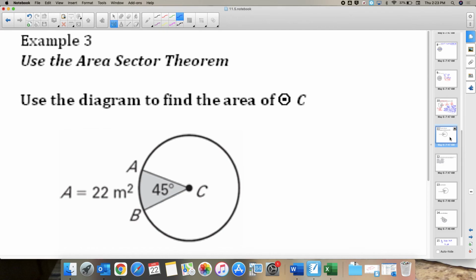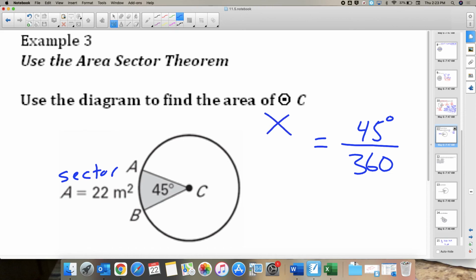Here it says use the diagram to find the area of circle C. So now they are giving me the area of the sector. So I'm still doing a 45 degree piece out of 360. The difference is now they give me the area of the sector and I need to figure out the area of my circle. Right, so it's the same proportion, it's just the variable changed.